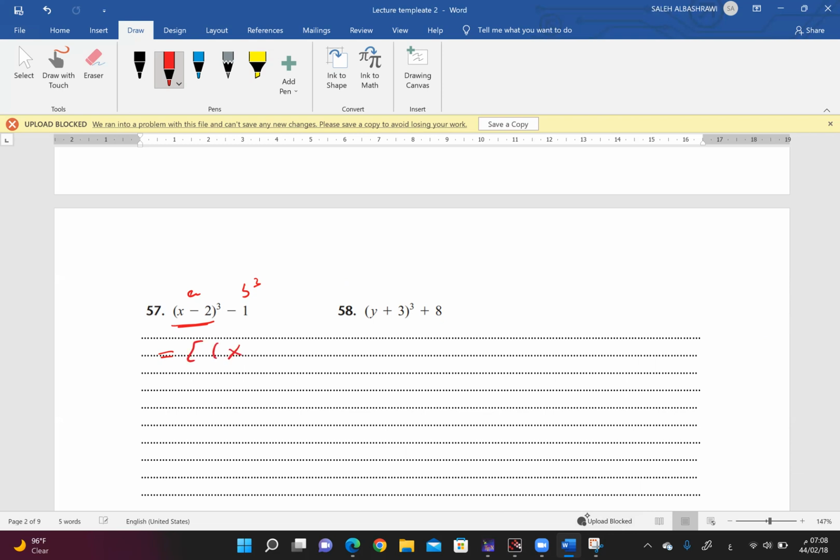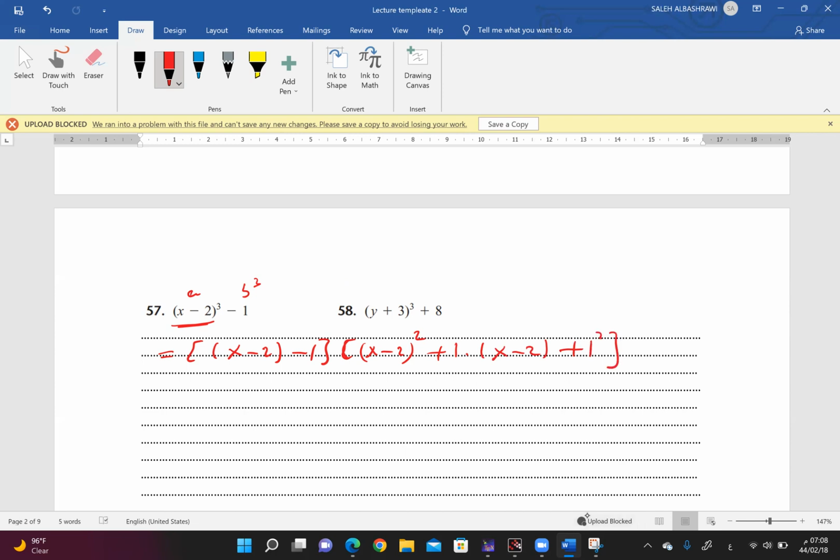The first one is x minus 2 minus 1, multiplied by the second bracket, which is x minus 2 to the power 2, which is a squared, plus a times b, b equal to 1, times x minus 2, plus 1 to the power 2.